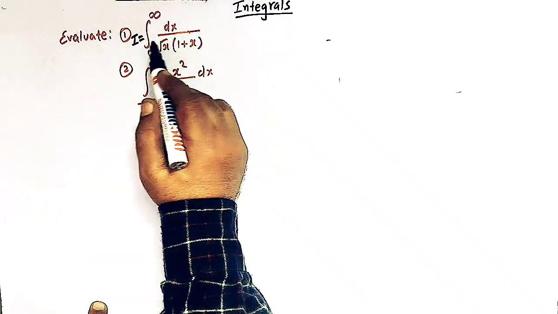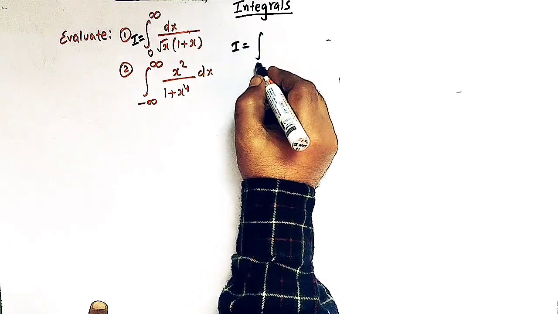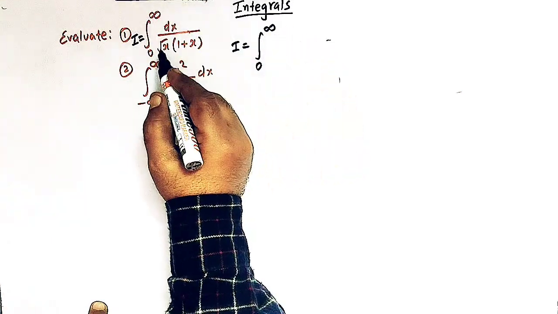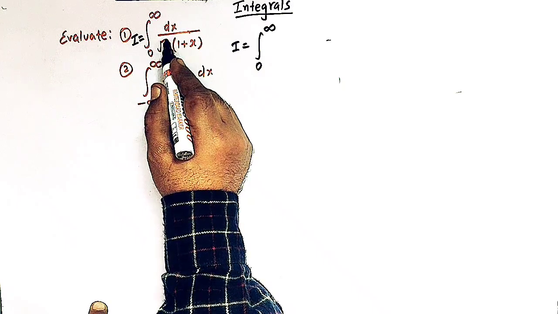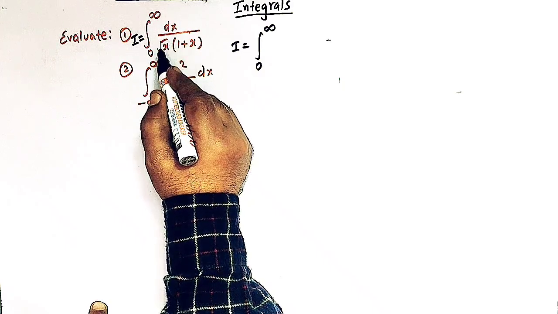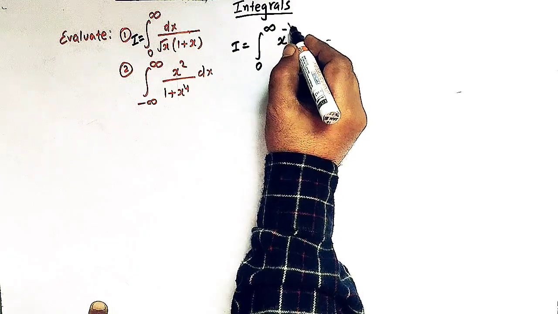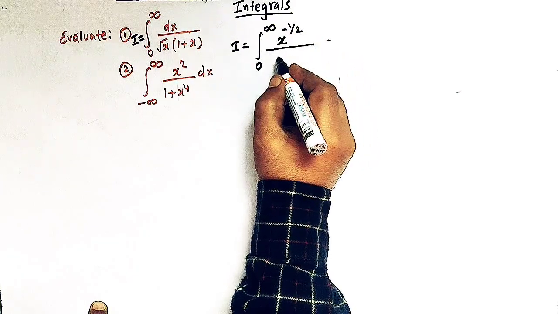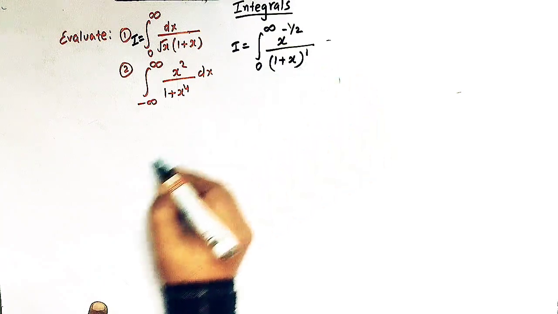Now here what we will do, we'll write this integral as 0 to infinity, and here in the denominator we have x raised to half. So taking this x raised to half to the numerator, we can write x raised to minus half, and then here we have 1 plus x raised to 1, right?